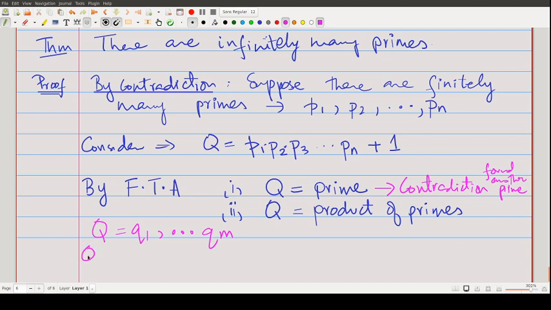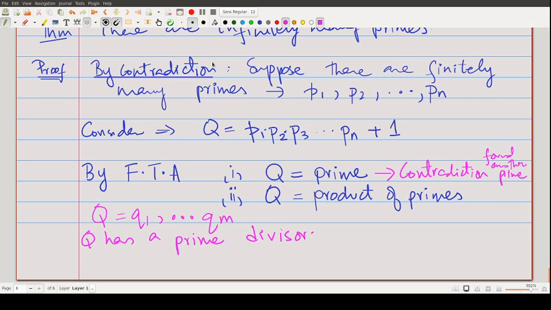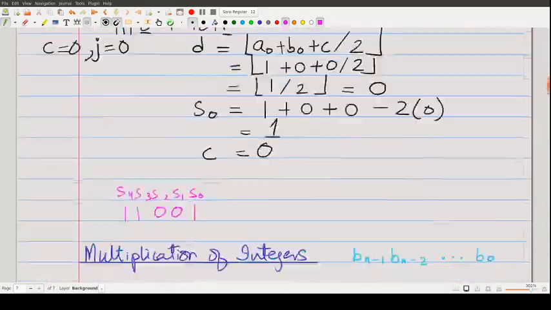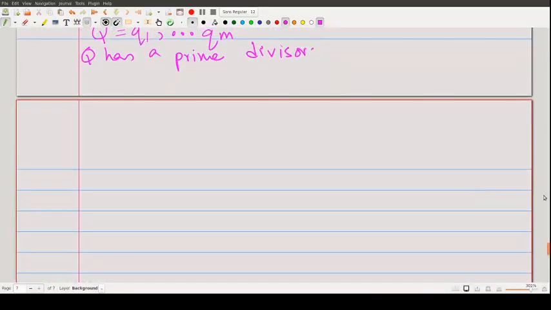So q has a prime divisor, but notice that if q has a divisor that is prime, then q, which is written as P1 up until Pn plus 1, if I consider some pj from this list, let's suppose I take one prime from this list.